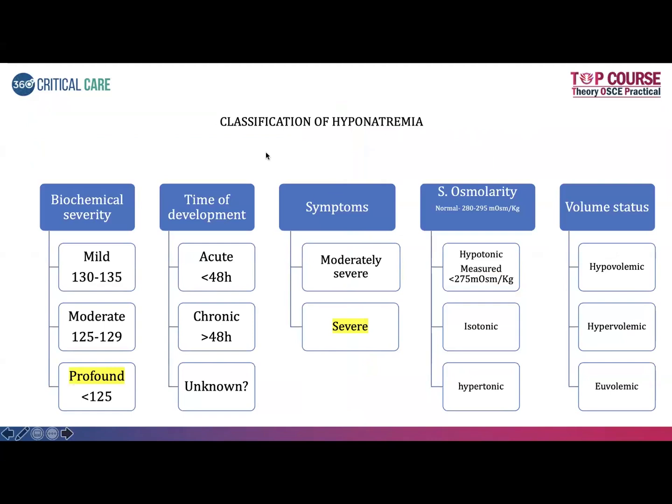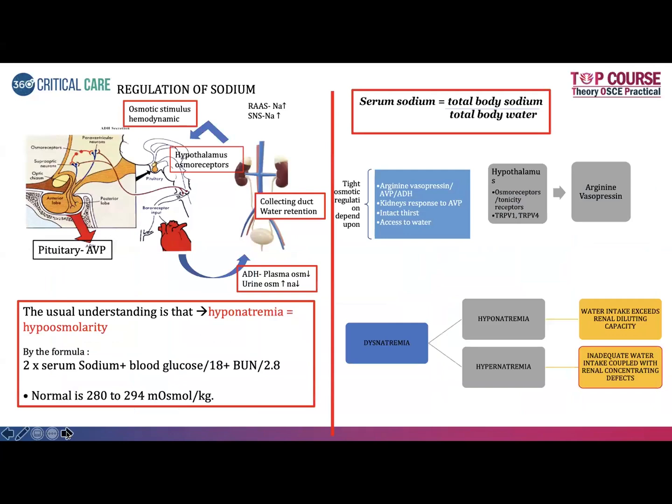So classification, you can divide based on the levels, based on symptoms as mild, moderate, and severe. Time, acute and chronic. Based on osmolality, hypotonic, isotonic, or hypertonic. Based on the volume status, you can divide it into hypovolemic, hypervolemic, or euvolemic hyponatremia.